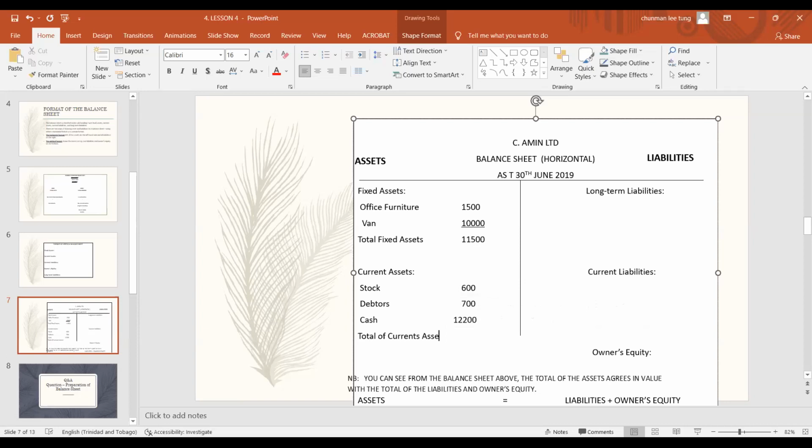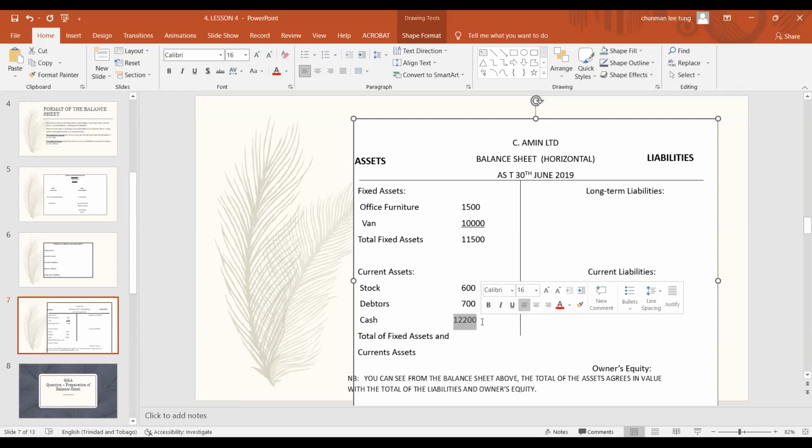I'm going to put that in there: total of fixed assets and current assets, which would be $25,000.